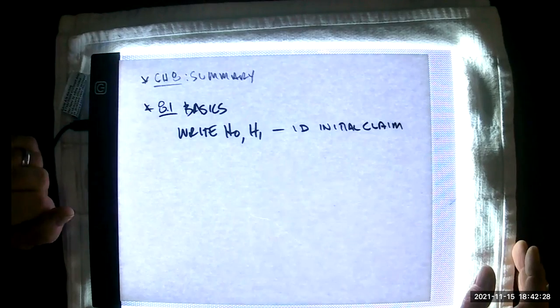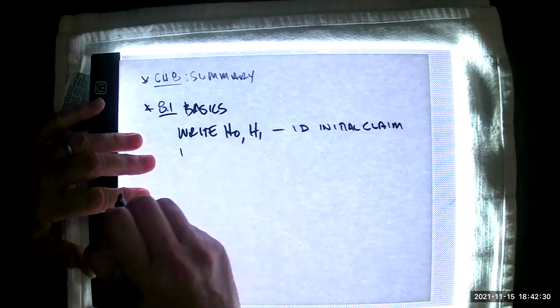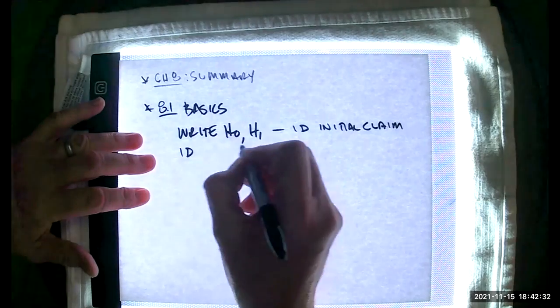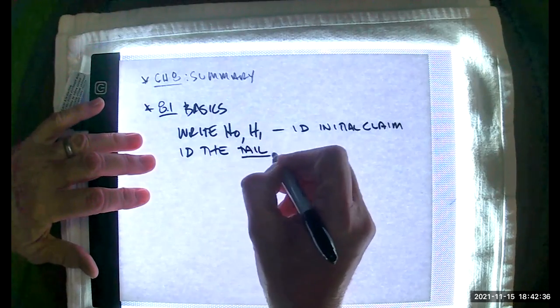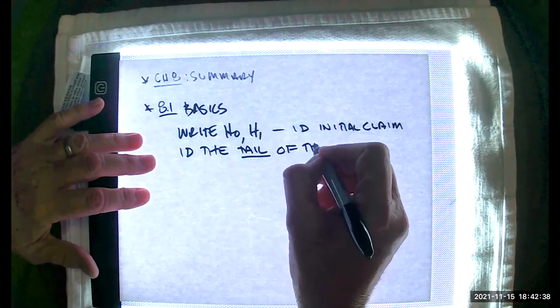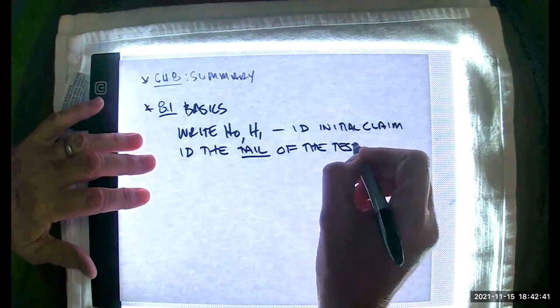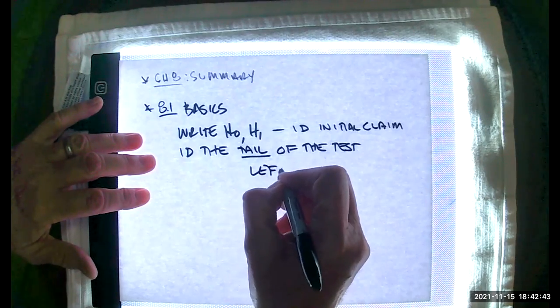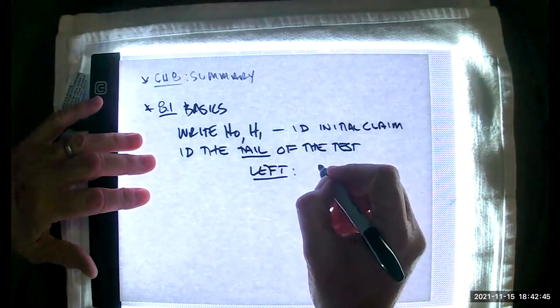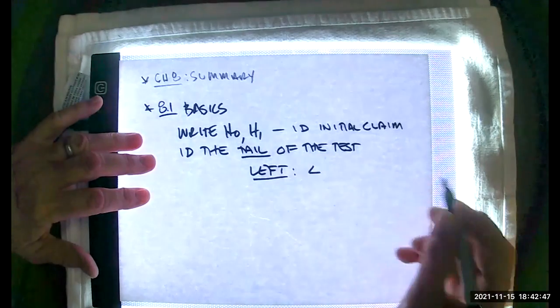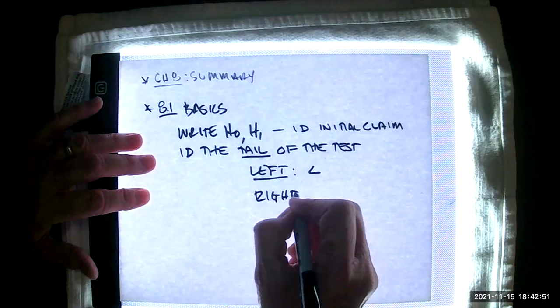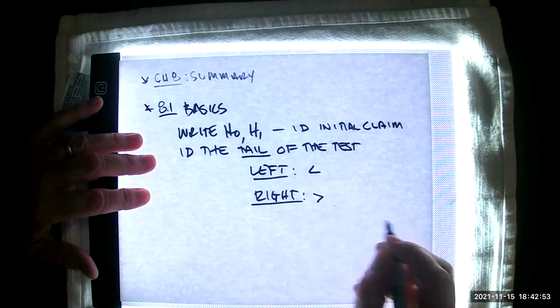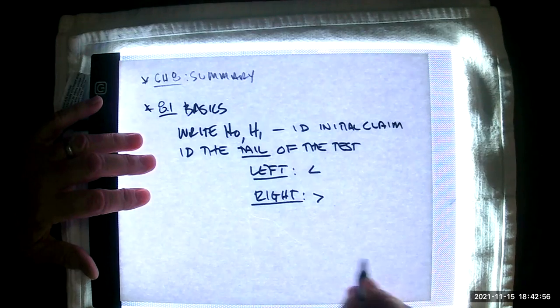Now, that's really pretty basic, but you should also be able to identify the tail of the test. That would be the left tail. That's when your alternative hypothesis is written with a less than. It might be a right tail. That's when the alternative hypothesis is written with a greater than.